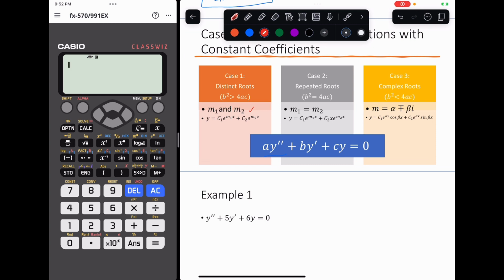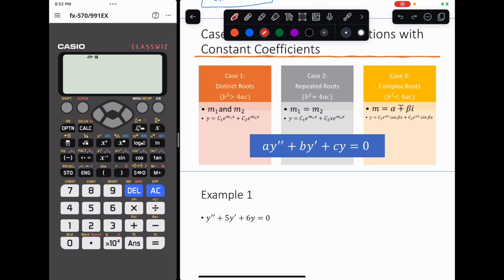Okay, so for higher order, let's say we have order 3, 4, 5, and 6, it's just the same as long as the roots are distinct. That would just be an exponential function raised to the roots times x. Then if there are repeated roots, so they have the same exact value for the exponential function, we just multiply x for the first root.